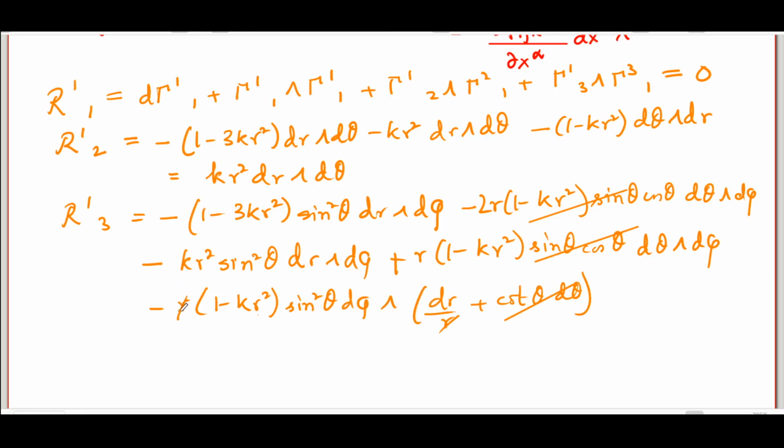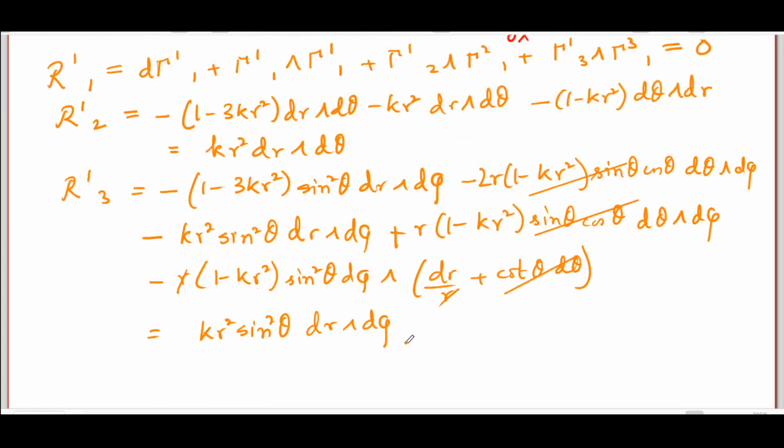So the ones cancel. You are left with minus plus 2kr square sine square theta from here. But one term cancels. So you are ending up with something very similar to the previous one, except for an extra sine square theta dr wedge d phi. And that's the only term that you have in R1. So R11, R12, R13 are done.